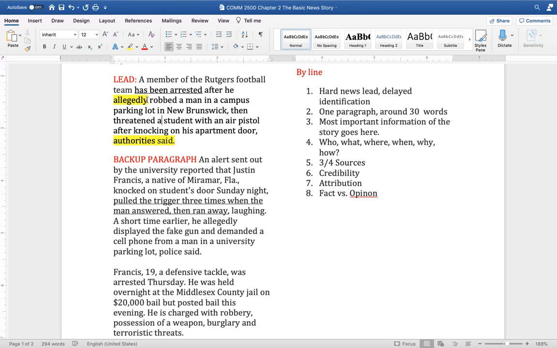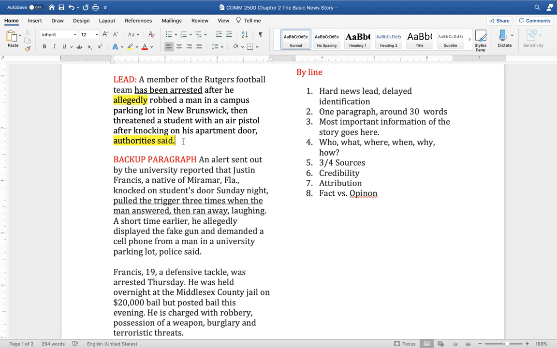So when you write about a crime or any matter of conflict, you use allegedly, which means it has been claimed. It's claimed that he robbed a man. Okay. And you have to tell your reader where you're getting that information. You're making an accusation that someone broke the law.